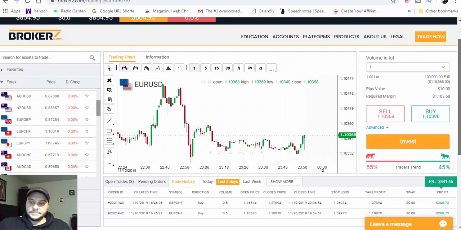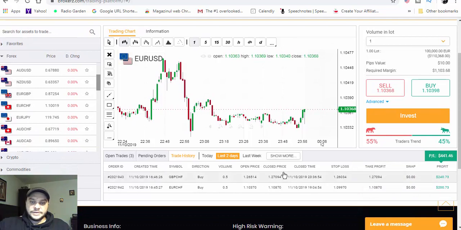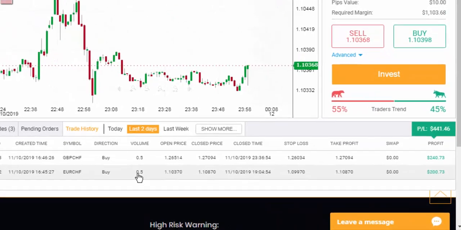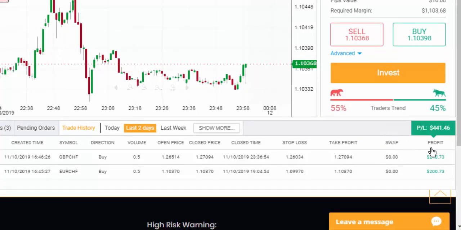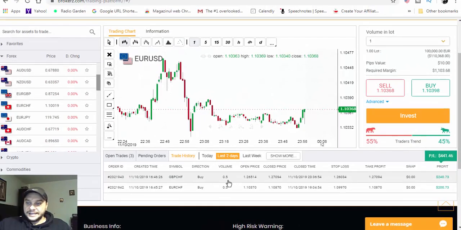It's not bad. Down here we have yesterday's trades, and I placed only 2 trades, and I have a profit of 441.46. Both trades were in the money, winning trades, and the profit is 441.46, as you can see.